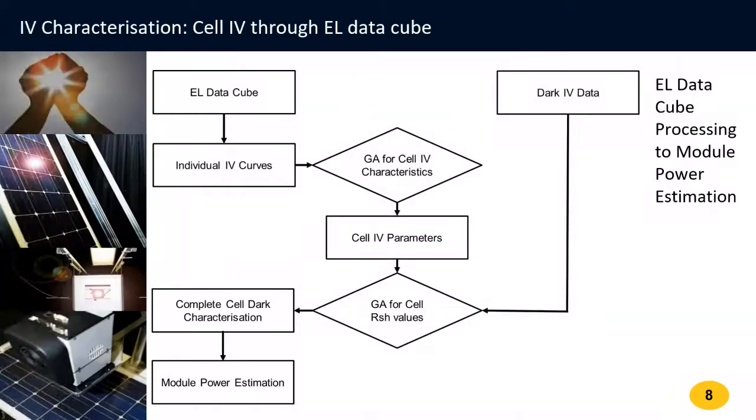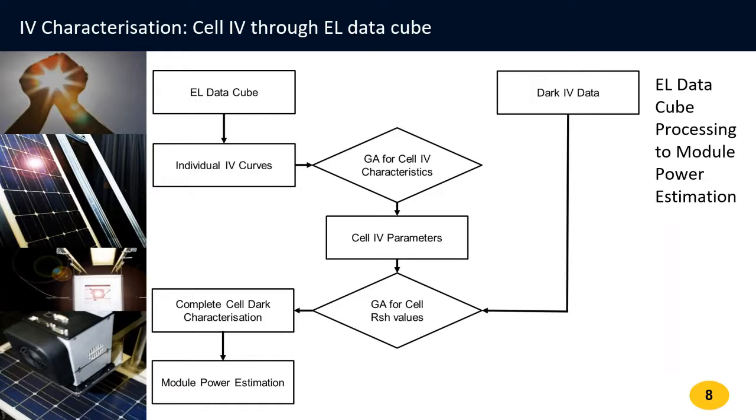So how do I determine each cell's IV curve or each cell's IV characteristics? When I say the electroluminescence data cube, all it is is EL images at different currents being injected into the module. Just a fancy name. And you combine this with that method that I described before to determine each cell's individual voltage, and then you'll have a set of individual IV curves for each cell.